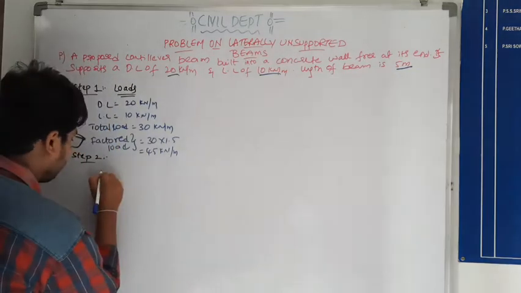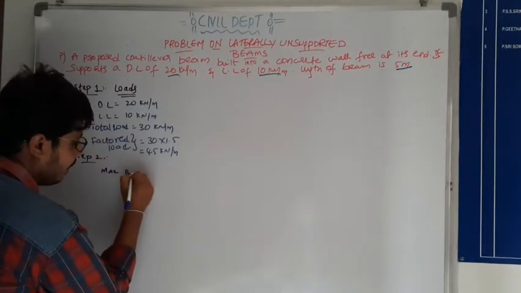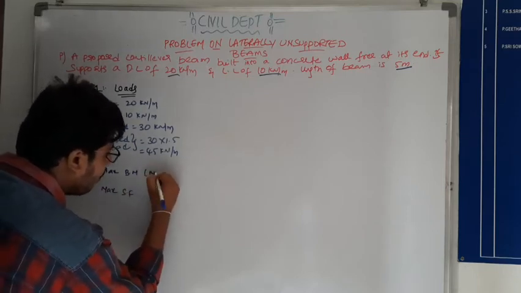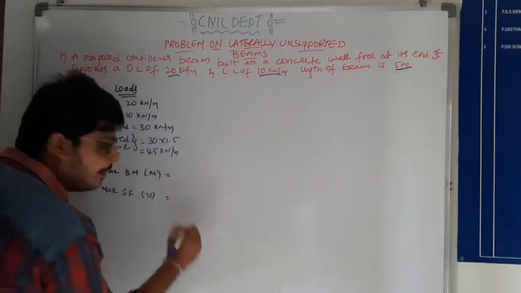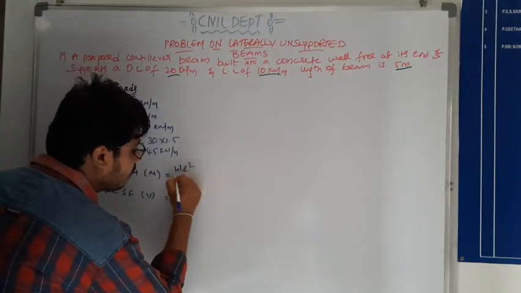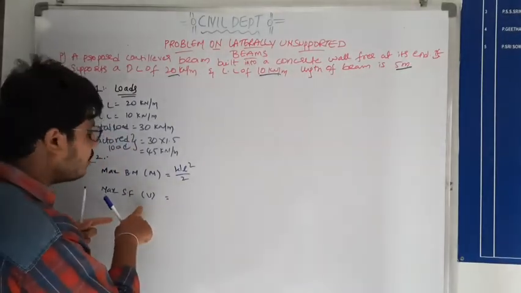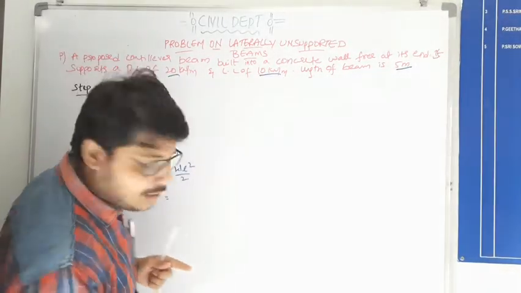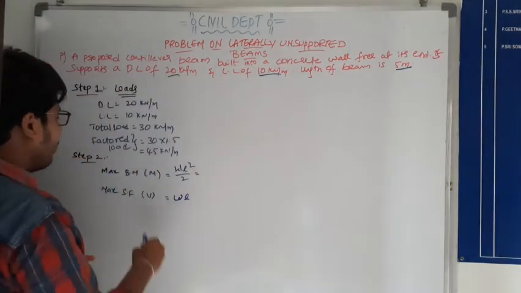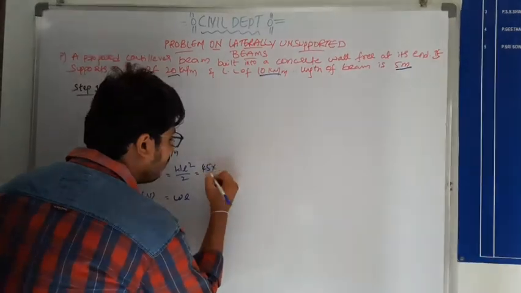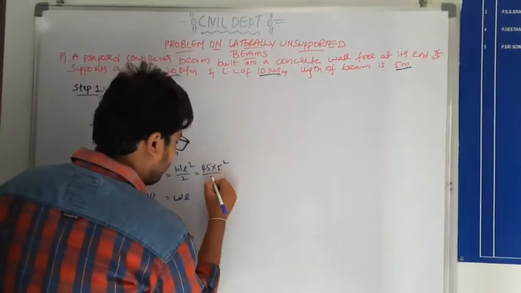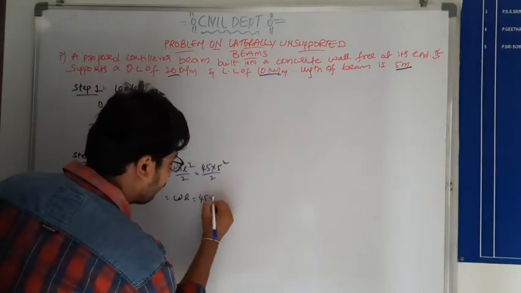For a cantilever beam with UDL, the maximum bending moment formula is WL square by 2, and the shear force for a cantilever beam is WL. So WL square by 2 is 45 into L, where L is the length of the beam, 5, squared, by 2.